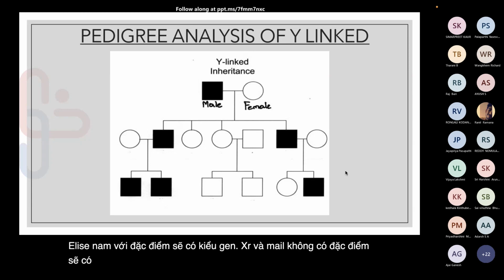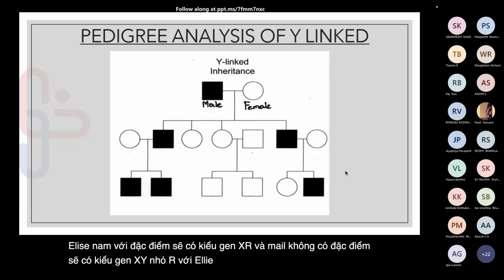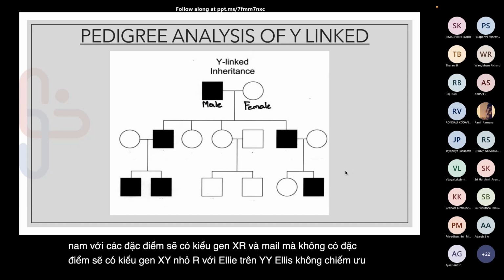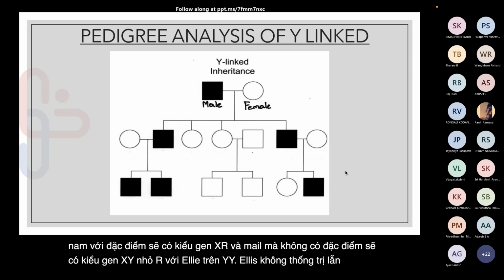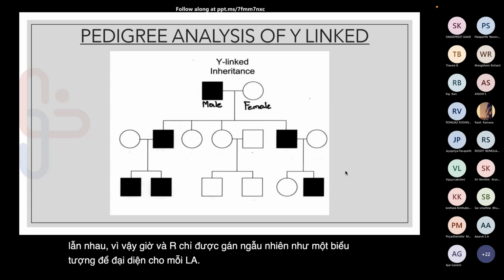With the allele on the Y, the alleles are not dominant over one another, so the capital R and the small r were just randomly assigned as symbols to represent each allele. Patterns of Y-linked inheritance.